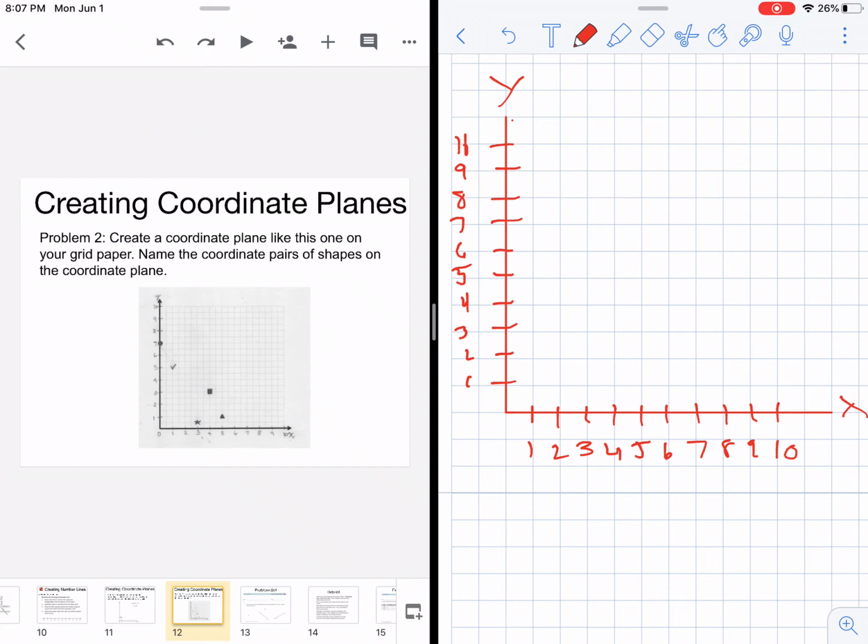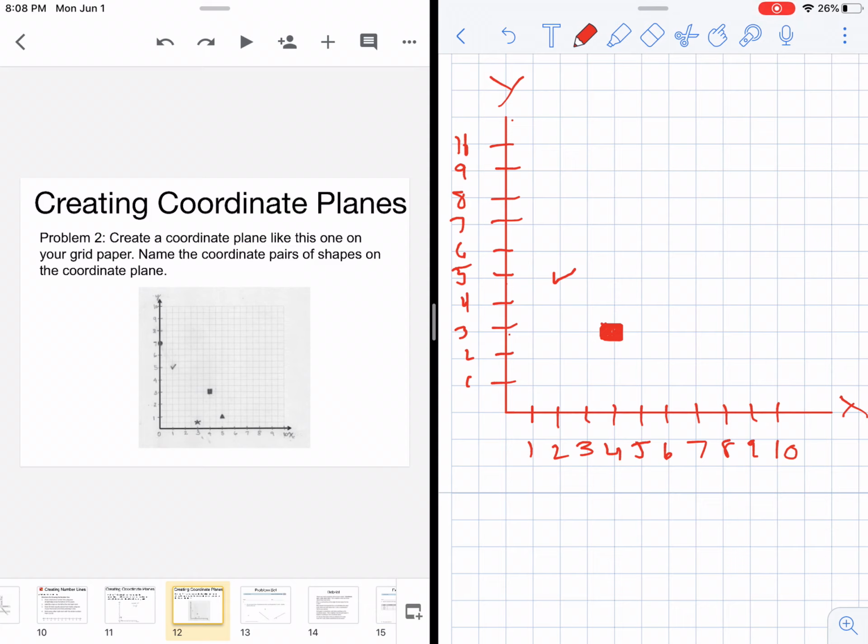So now we have some shapes that we're going to put on our graph. So find 5 on your y-axis. Okay, and you're going to go over, find 5 and go over 2 spaces, and you're going to put a check mark right there. Check mark. And then we're going to go here, and we're going to draw a square. And you can color your square in, or a rectangle.